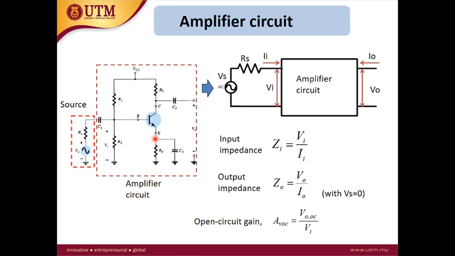In the last week we discussed how we can calculate the operating point, or the Q point, of the BJT, which is the value of the collector current and the value of the collector-emitter voltage VCE.